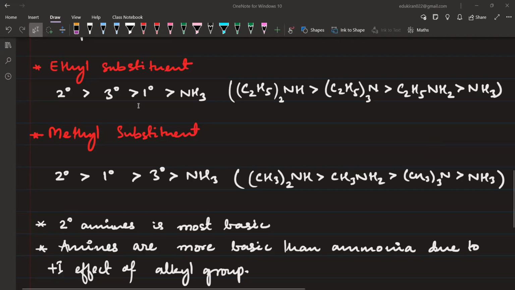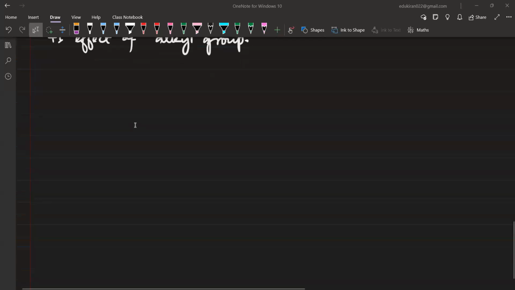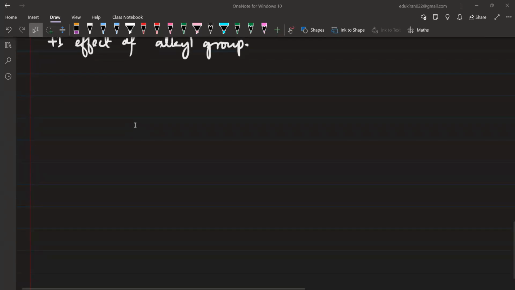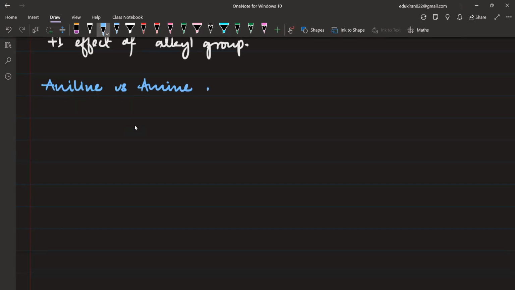Aniline versus amine. If you look at aniline, it has a benzene ring attached with a nitrogen atom and 2 hydrogens, with a lone pair on the nitrogen atom. This nitrogen atom would show resonance like this.